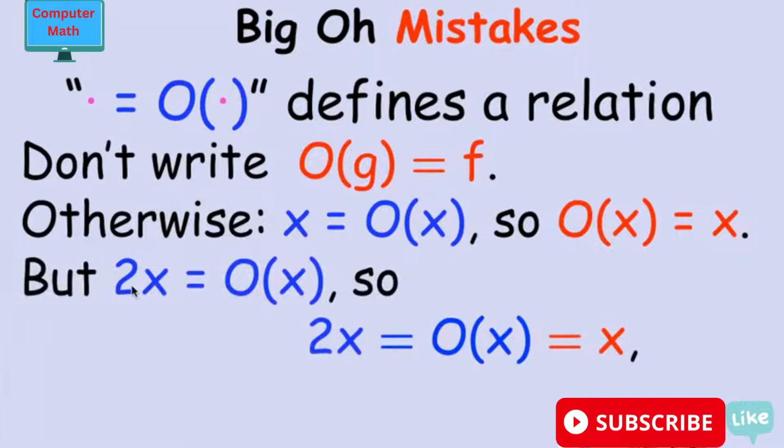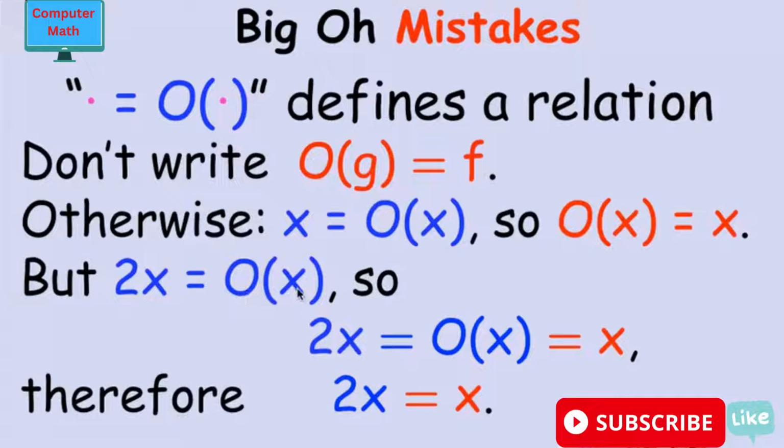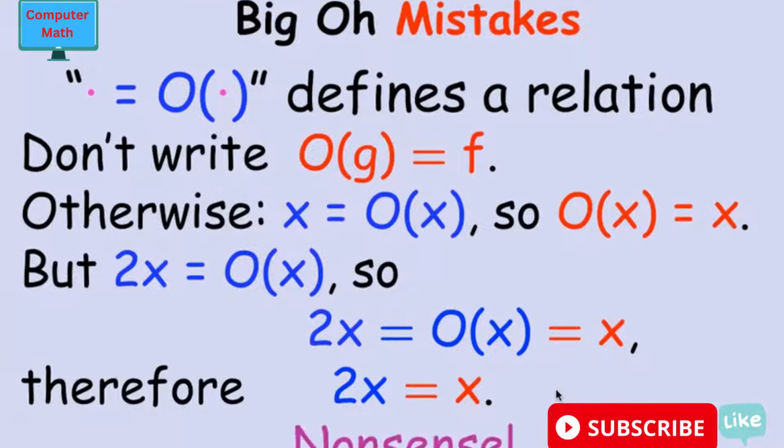Well, remember, though, that 2x is also equal to O of x, by definition of O. So what we wind up with is combining 2x equals O of x with O of x equals x. I get 2x is equal to this thing is equal to x, I conclude that 2 equals 1. So that's nonsense. It's the kind of trouble that you can get into if you start thinking of this equality as meaning equality between two quantities, as opposed to just being a part of the name of a relation.